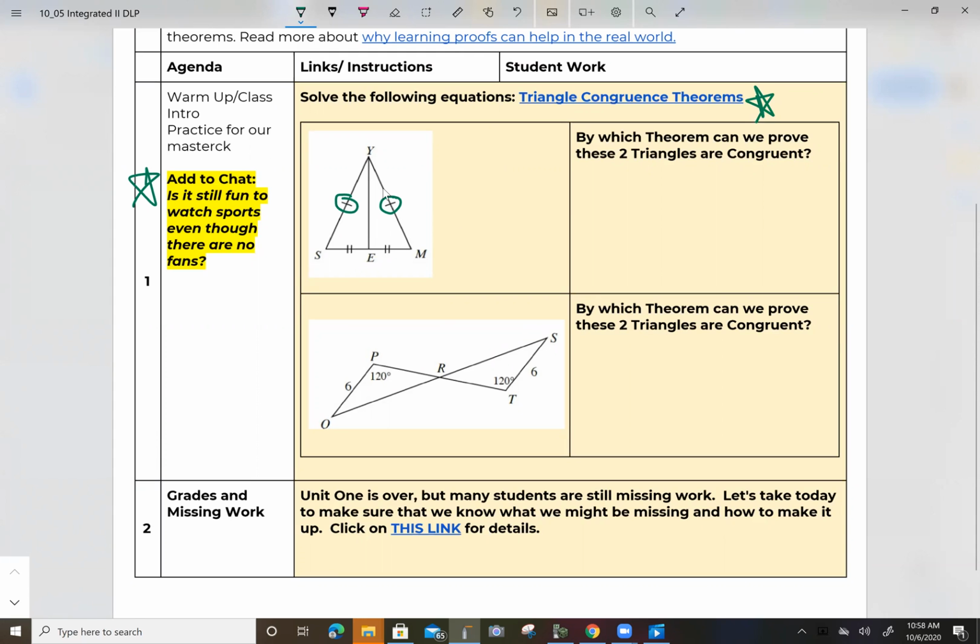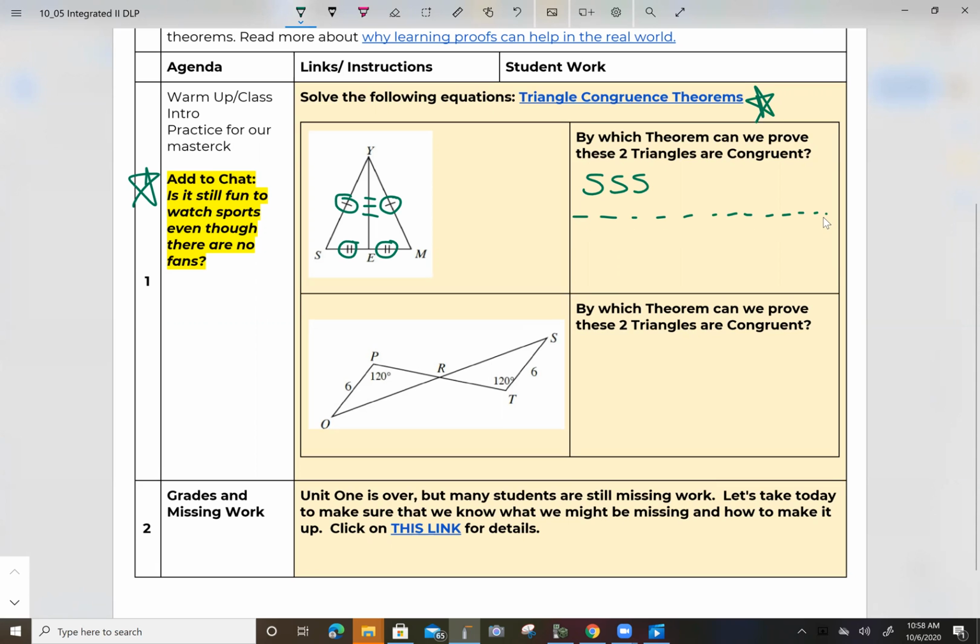We know that they have 1 side in common, and 2 sides in common. And because of the reflexive property, because they literally share this side, we know that side is the same also. So they have 3 sides that are congruent. If 3 sides are congruent, then the triangles are congruent. So this one is by side side side.